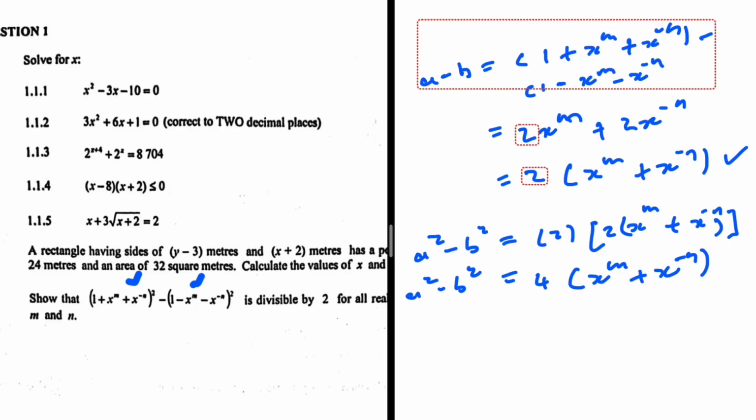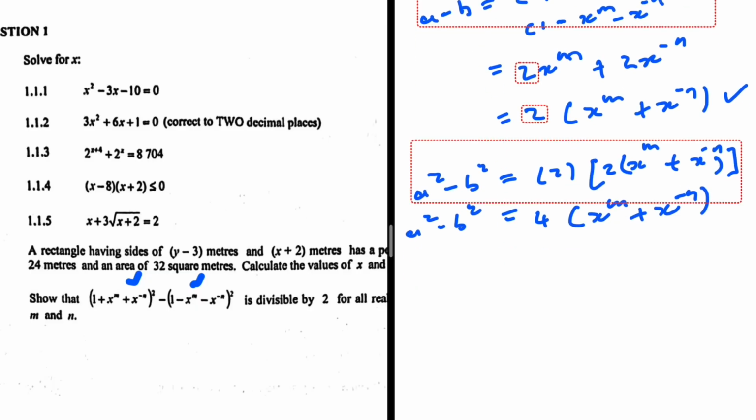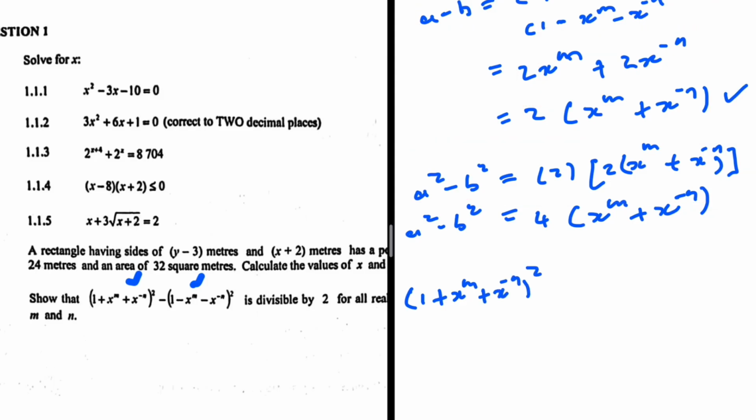But we know that a squared minus b squared is just 1 plus x to the m plus x to the minus n, all squared, minus 1 minus x to the m minus x to the minus n, all squared. And that is all equal to 4 times x to the m plus x to the minus n.